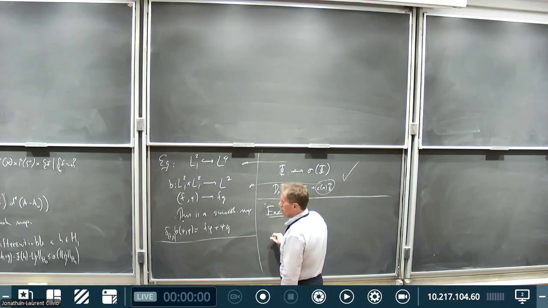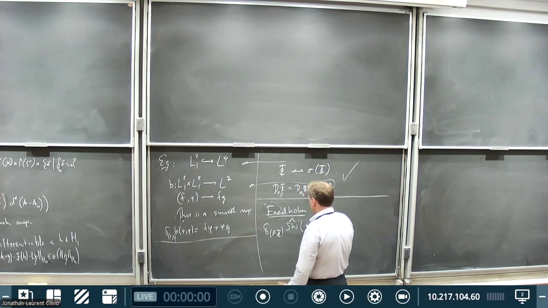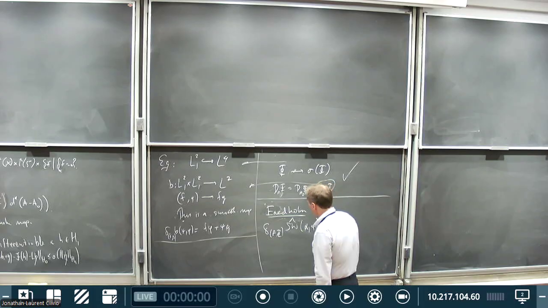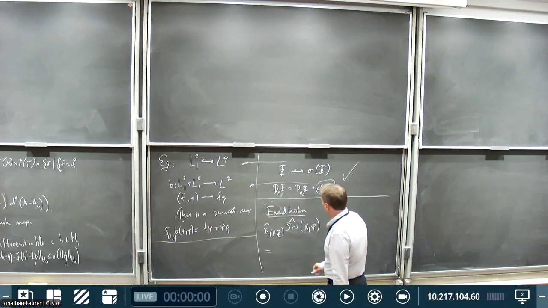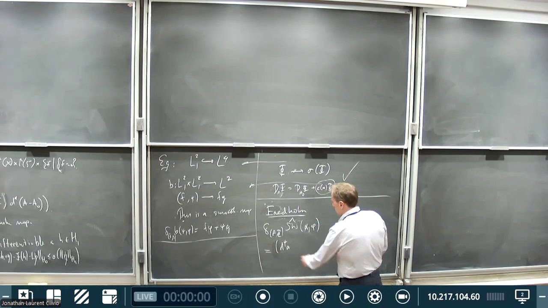Well, let's compute the differential of this guy at, let's call it, alpha and some P. So the differential of the curvature part, that's linear, it's just d plus a.